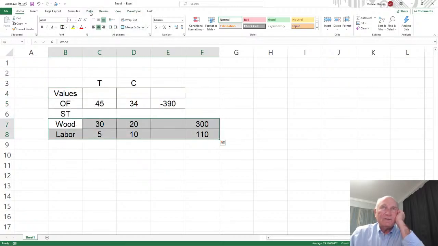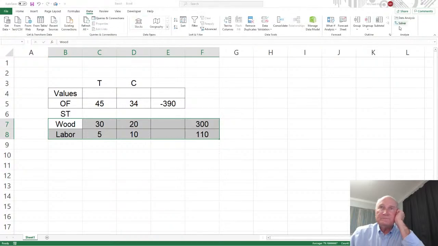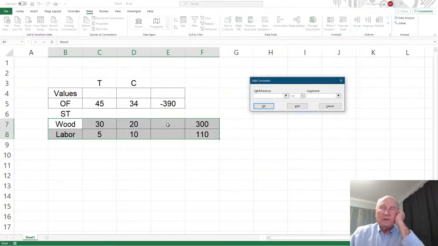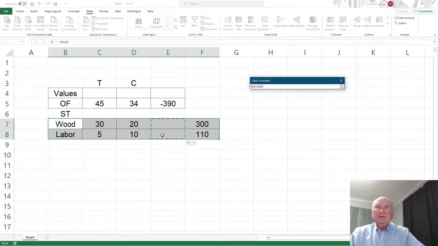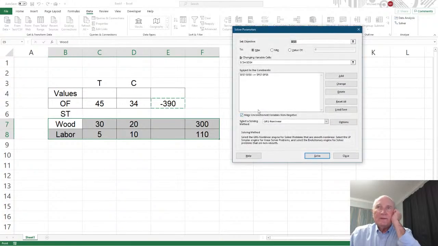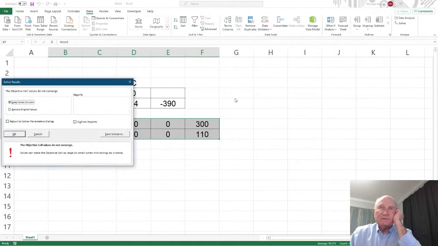And then when we solve this, I set this up again. There's the objective function we want to maximize. We change our decision variables, with these constraints less than or equal to these over here. Make it the simplex algorithm, say solve, and I did it wrong.